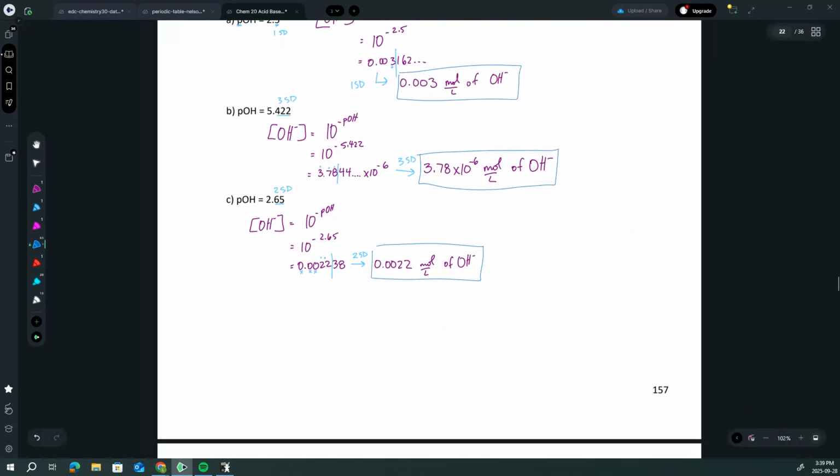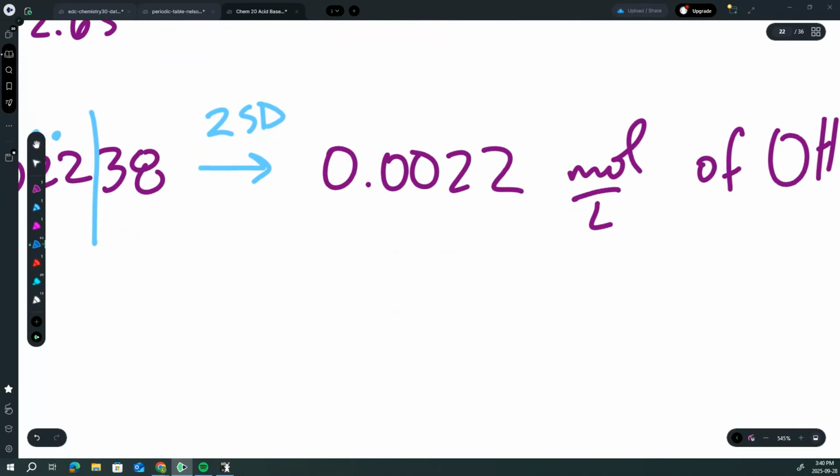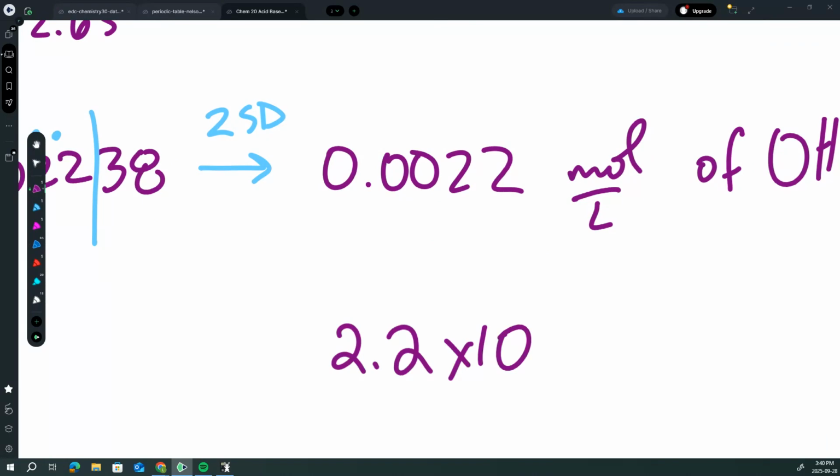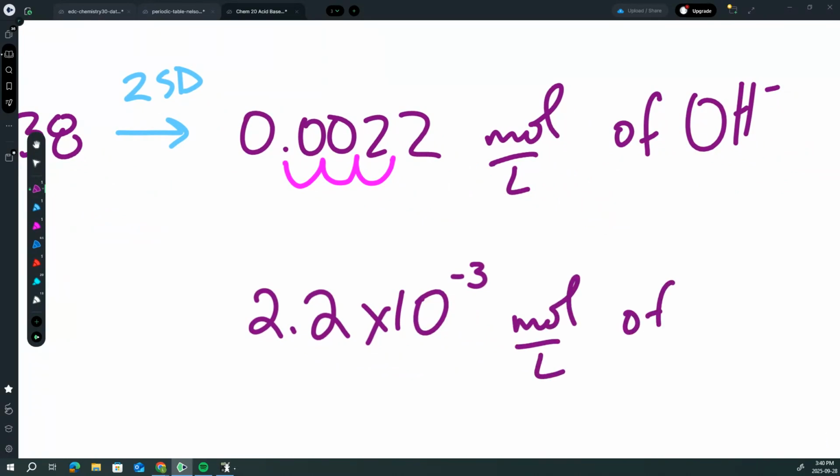Okay, so keep in mind if you also wanted to put this into scientific notation, you could do that. So if you wrote this number instead as 2.2 times 10 to the power of, so it'd be 1, 2, 3, times 10 to the power of negative 3 mole per liter of hydroxide.